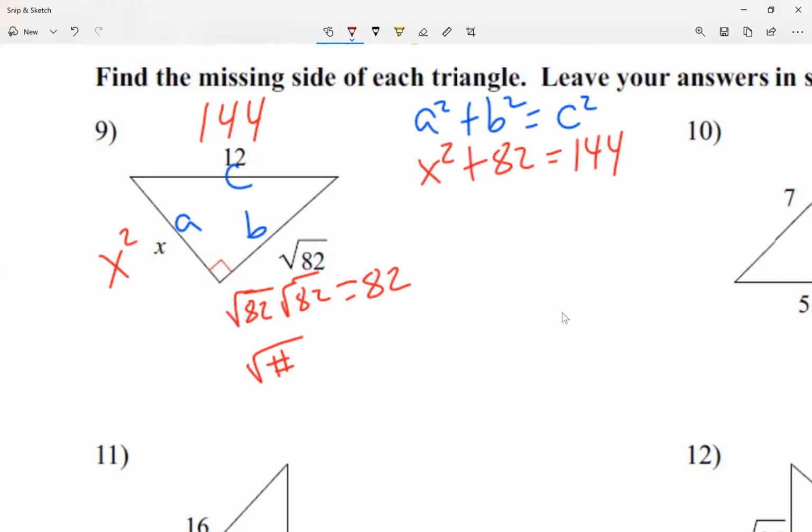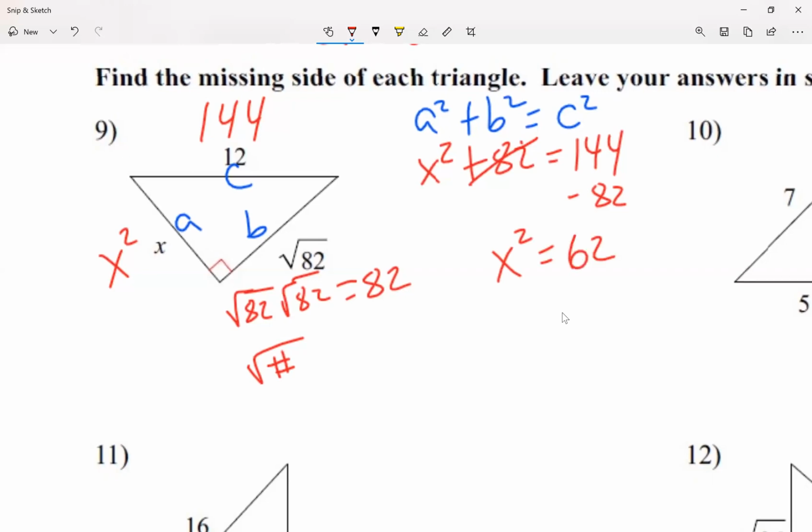A squared plus B squared equals C squared. I don't have radicals right now. I might deal with them in my answer, but right now I don't have any. Okay, I'm trying to get the x squared by itself. So this plus 82, let me move it over as a minus 82. So that gives me that x squared is equal to 62.